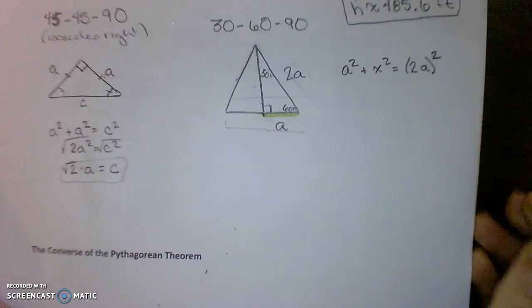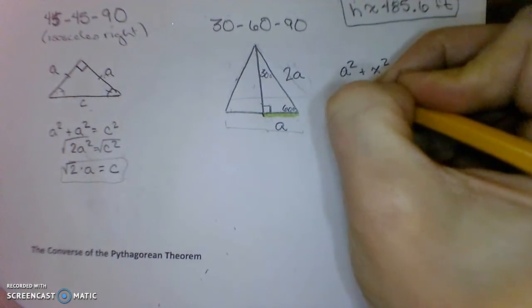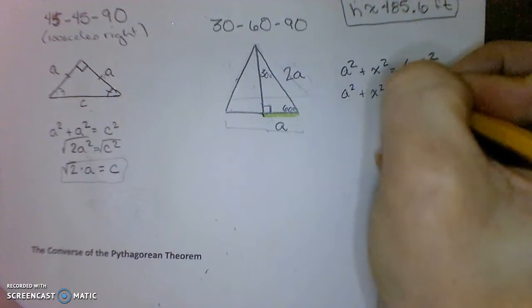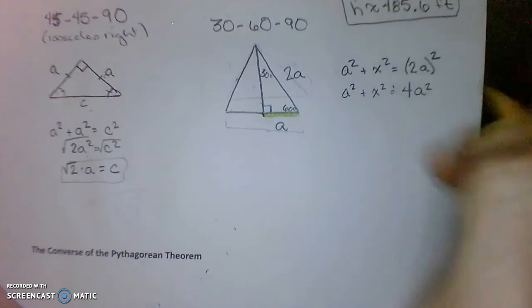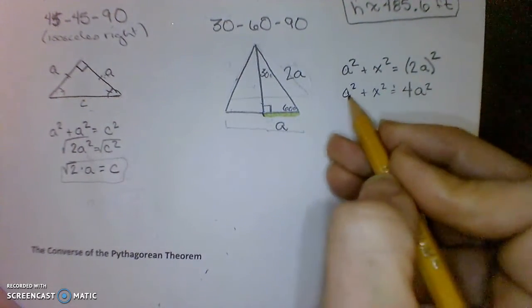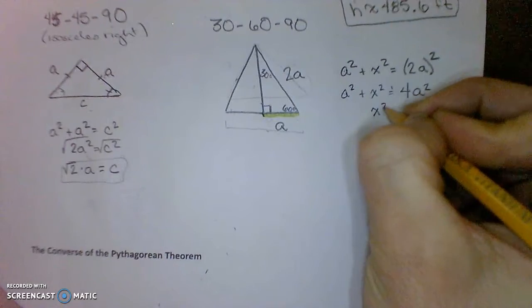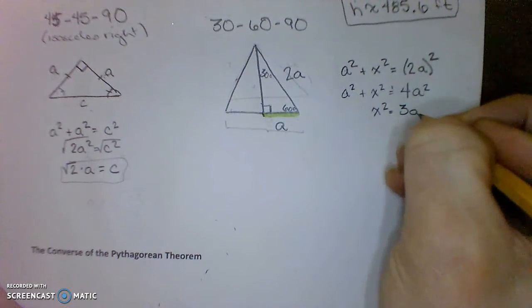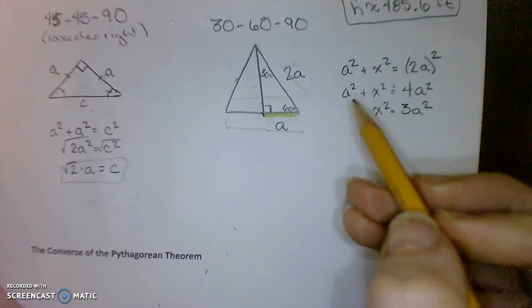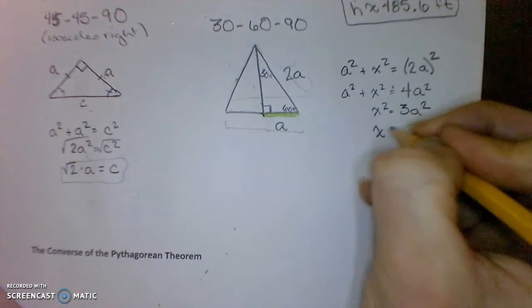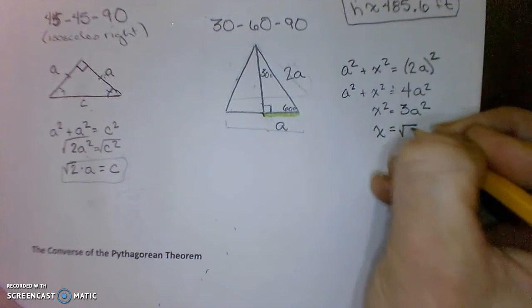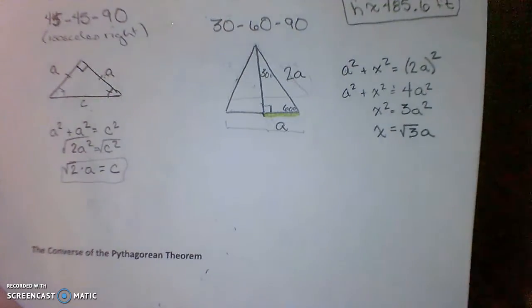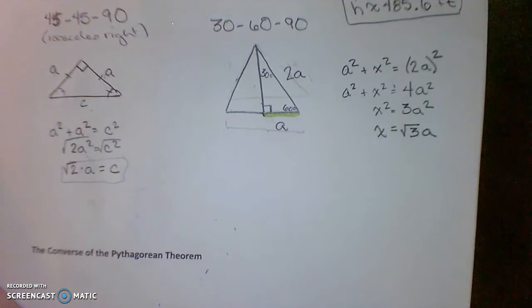So (2a) squared. Let me simplify this. a squared plus x squared equals 4a squared, because 2 squared is 4. Let me subtract the a squared from both sides, and I'll get x squared equals 4a squared minus 1a squared, which is 3a squared. And then taking the square root of both sides, x would be equal to the square root of 3 times the square root of a squared, so square root of 3 times a.